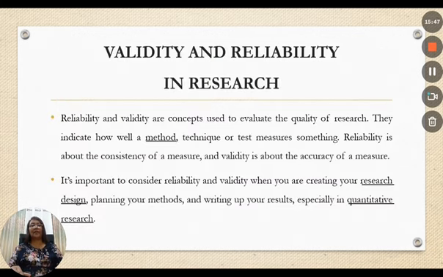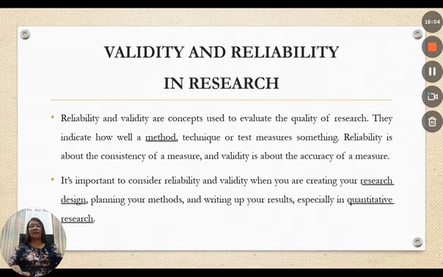Then we have validity and reliability in research. Reliability and validity are concepts used to evaluate the quality of research. They indicate how well a method, technique, or test measures something.